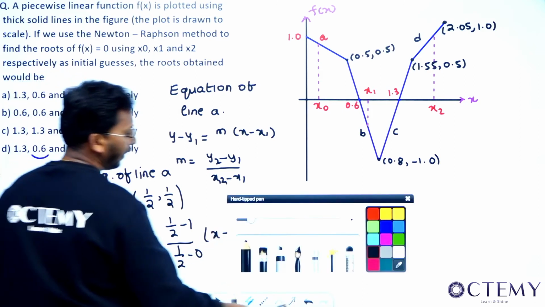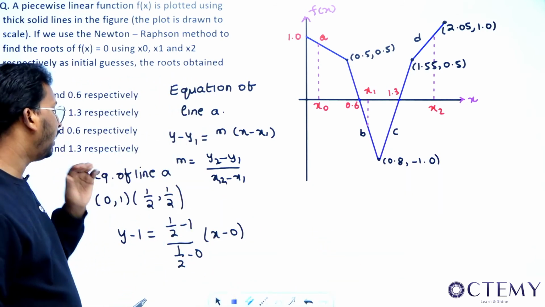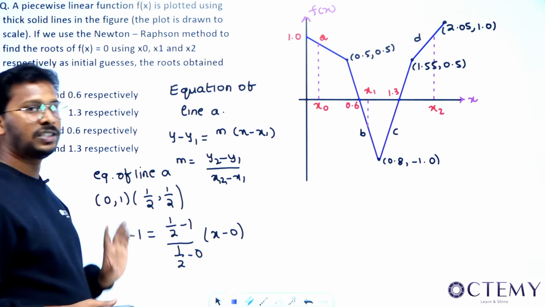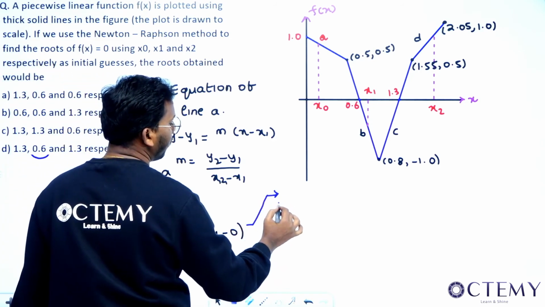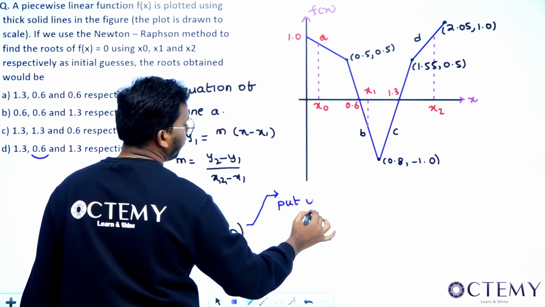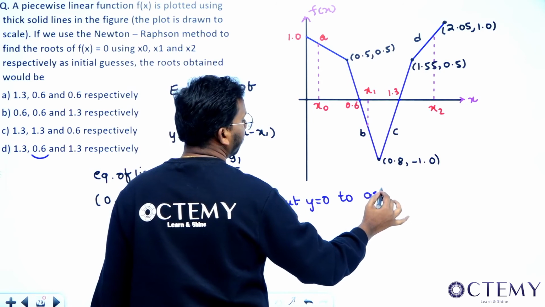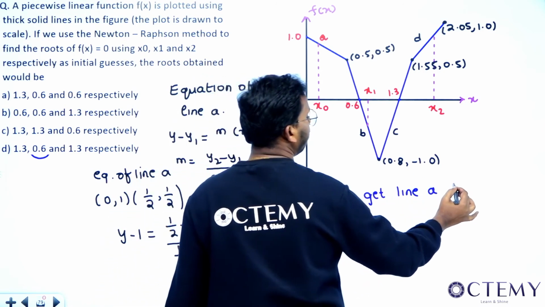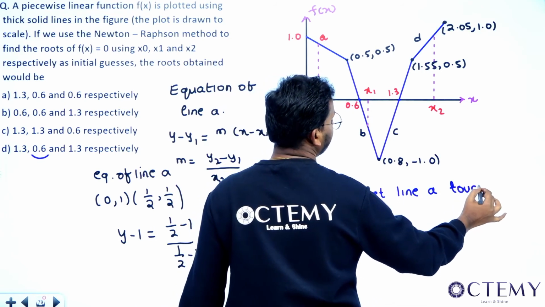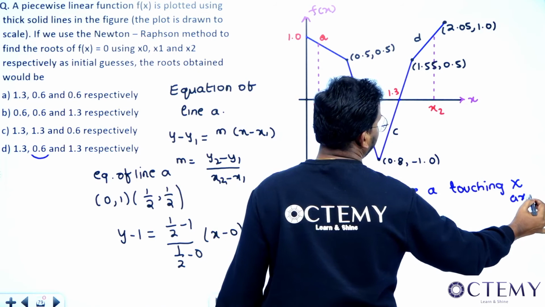And I want to see where this is touching the x-axis. If you want to see where it is touching the x-axis, then in this line, put y is equal to 0, to get where line A touches the x-axis if extended.